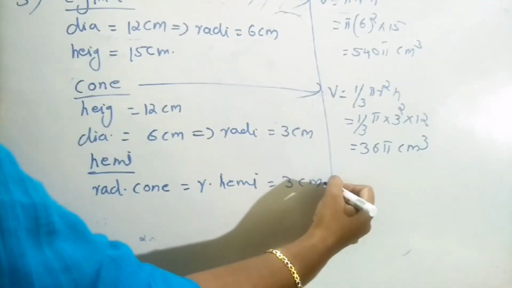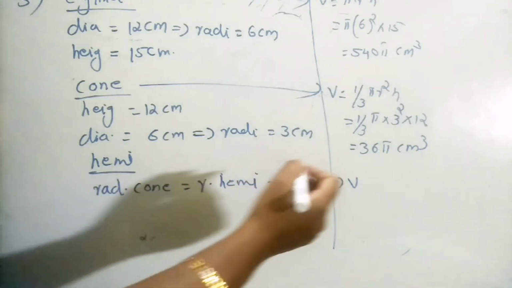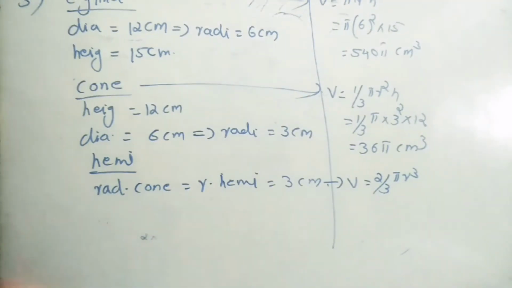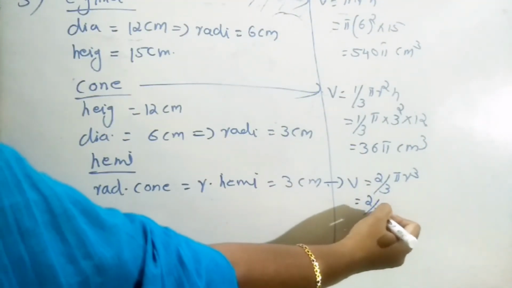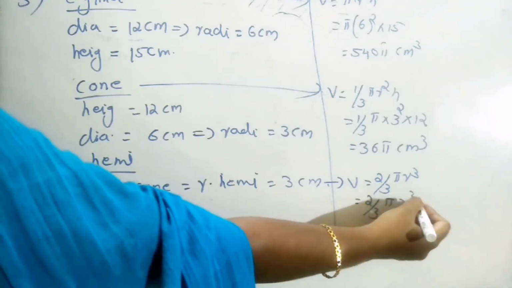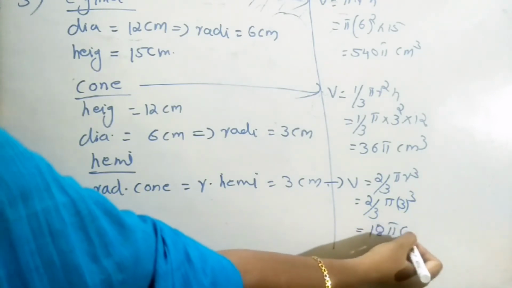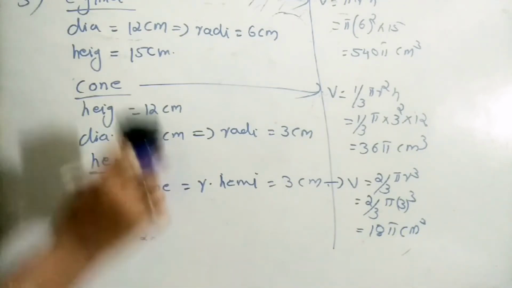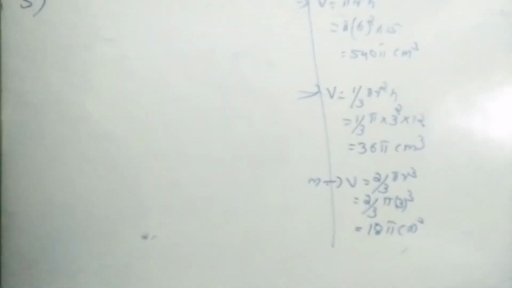Now we will find the volume of the hemisphere. The volume of the hemisphere is 2 by 3 pi r cube, which is 2 by 3 pi into 3 cube. This we get as 18 pi centimeter cube. So we got the volume of the cylinder, cone and hemisphere.